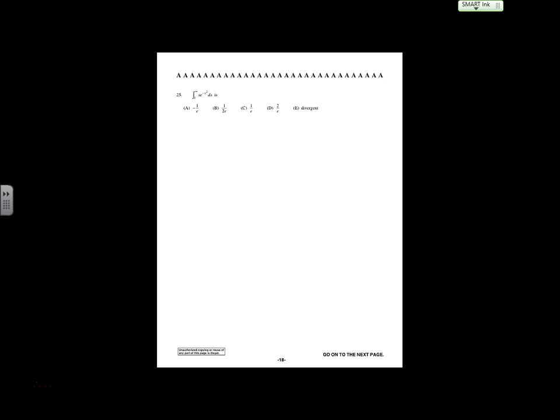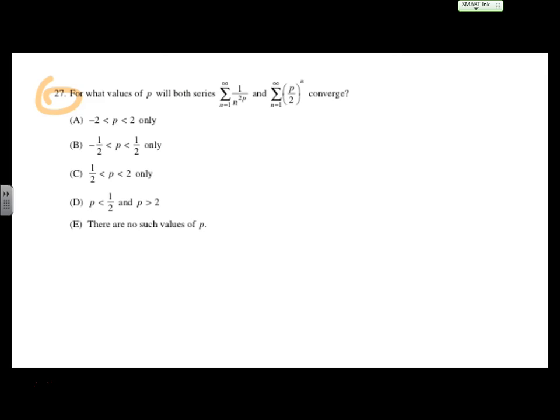Probably should have had it since she wanted 27. I used P series and then geo series. Because geo series is on the right and P series is on the left. So we know that P can't be greater than 2 or else the ratio would be greater than 2.